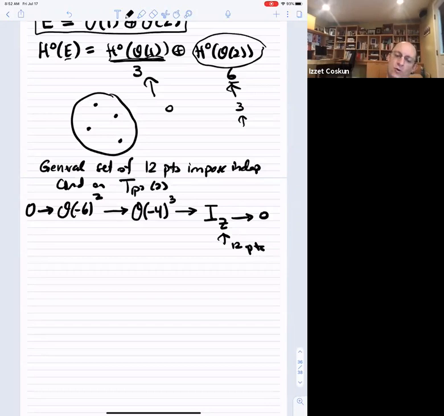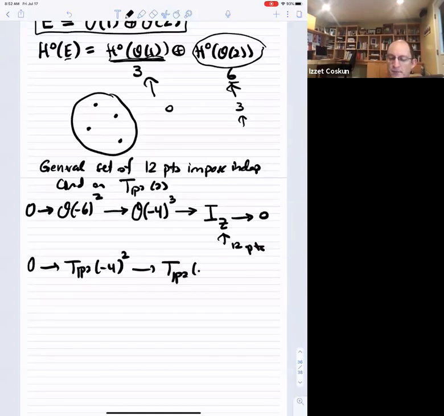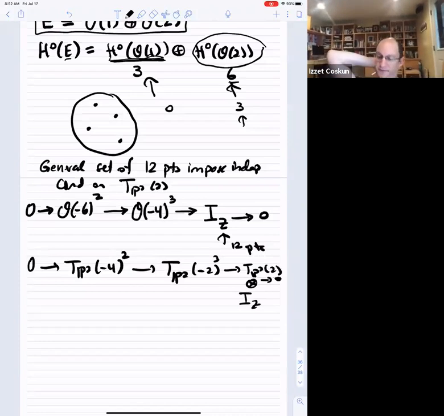And now we want to compute, so we twist this thing by the tangent bundle of P2. So what I get is TP2 of -4, 2 copies, mapping to TP2 of -2, 3 copies, mapping to TP2 of 2 tensor IZ.